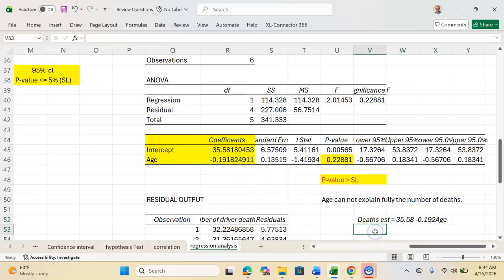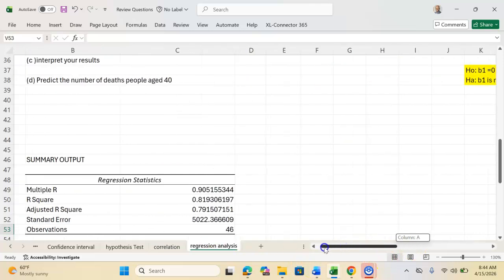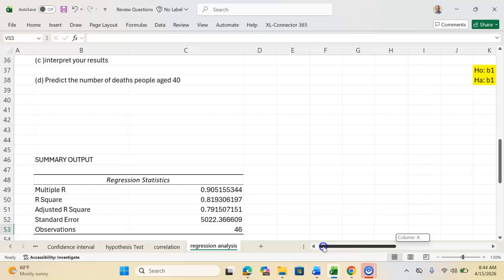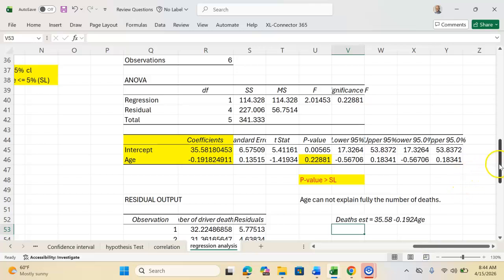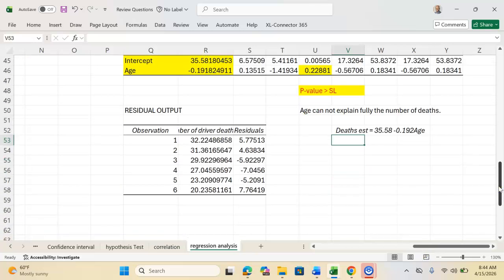And then we could respond to the question that says, predict the number of deaths for people aged 40. So the age is 40, so we're going to write here that it's equal to 35.58 minus 0.192, and this one will be times 40.